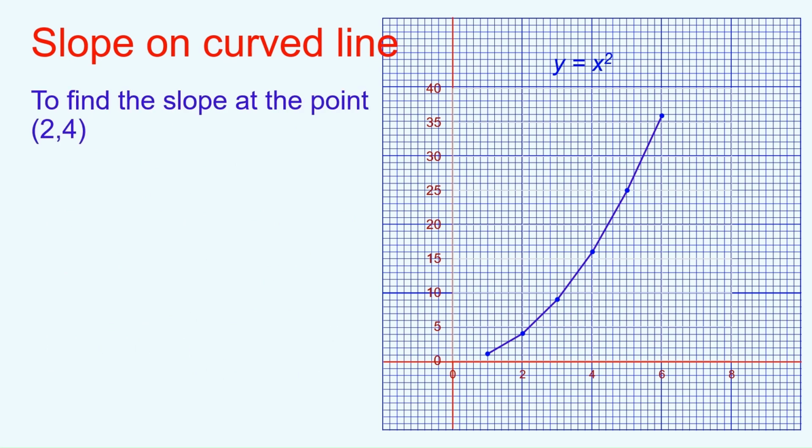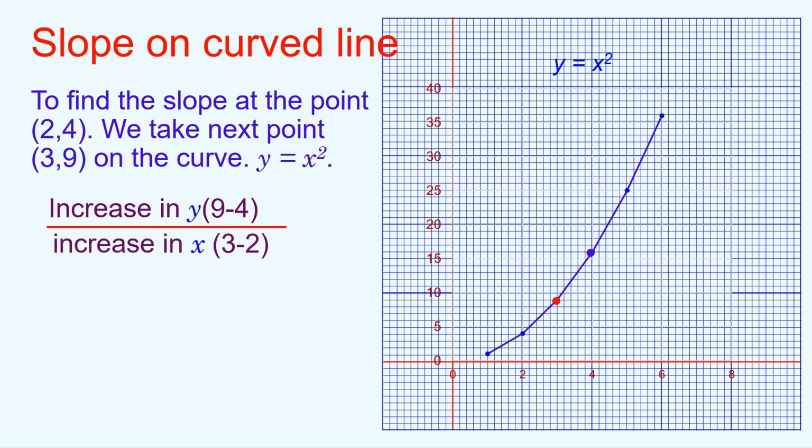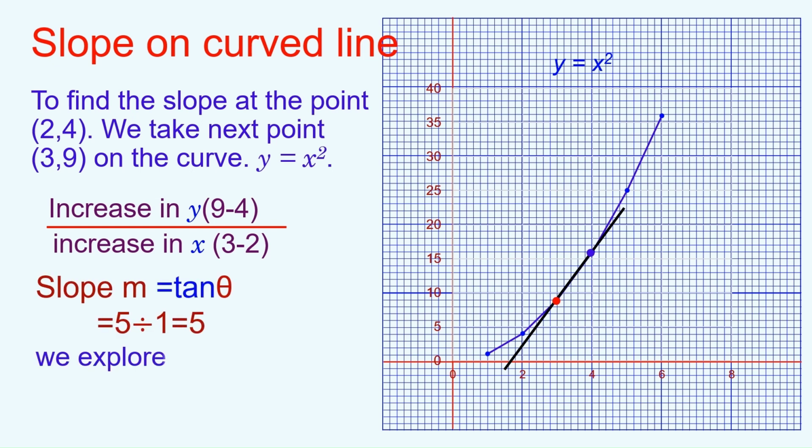To find the slope at the point 2, 4, we take the next point 3, 9 on the curve y equals x squared. Increase in y, 9 minus 4, that is 5, divided by increase in x, 3 minus 2, that is 1. Slope m equals tan theta equals 5 divided by 1 equals 5.